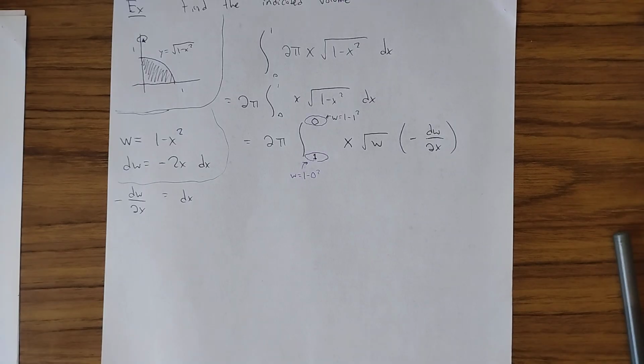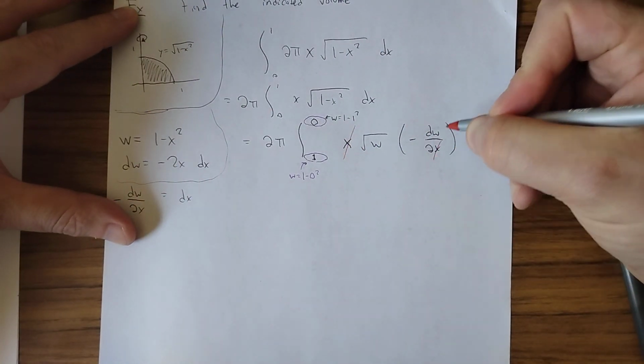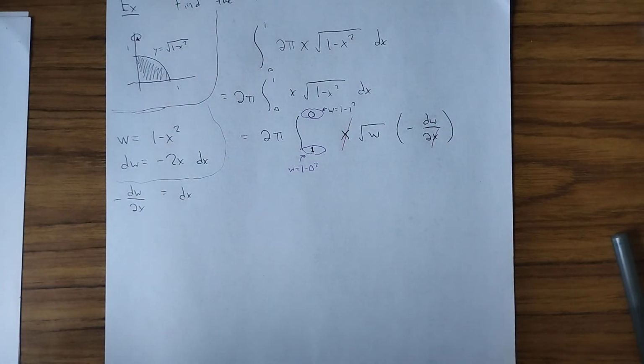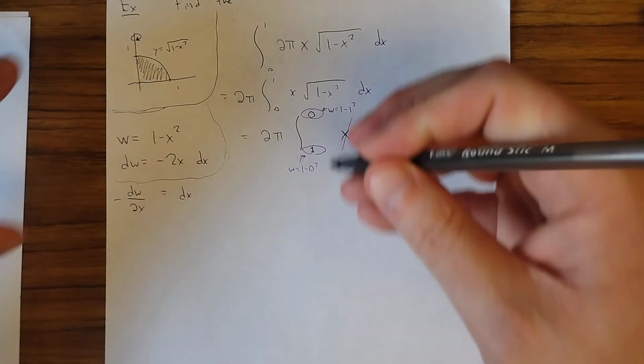And then I look back and say, hey, laziness paid off, because this x that I was a little bit uncomfortable writing, but I wrote it anyway, it just canceled. So now I have an integral with only w's and no x's. All right, so let's proceed.